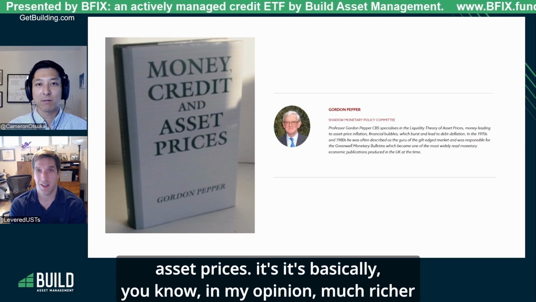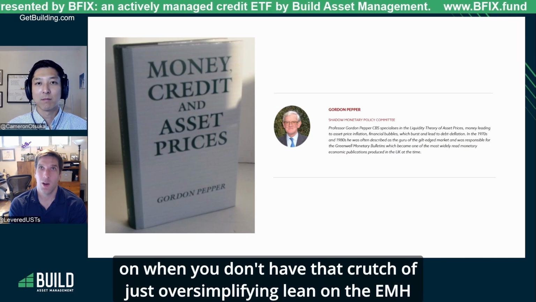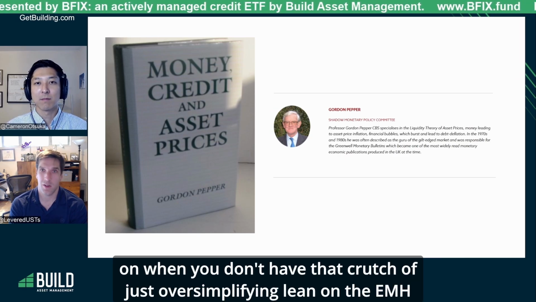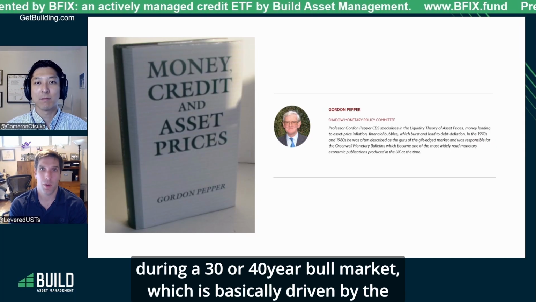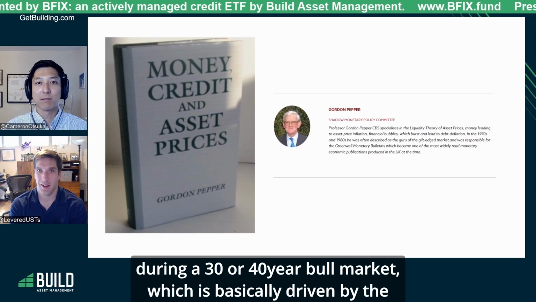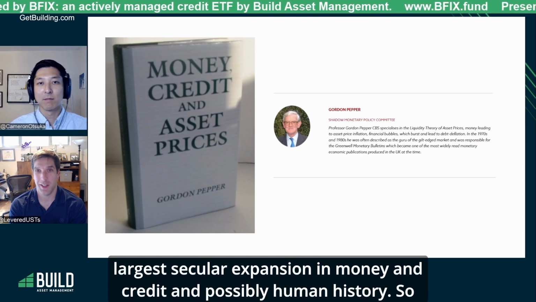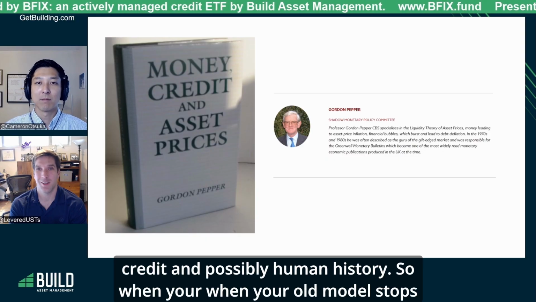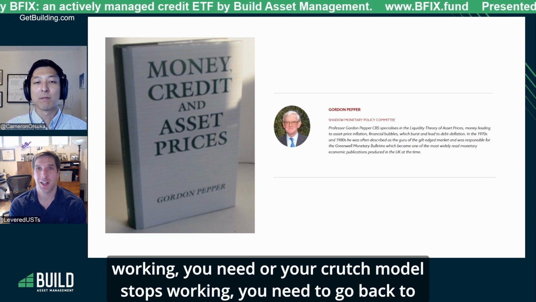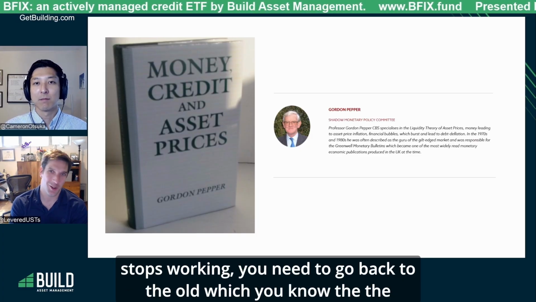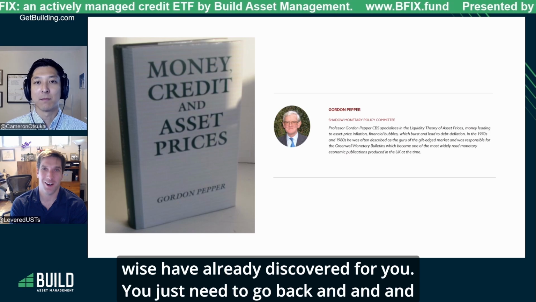It's basically, in my opinion, a much richer framework for understanding what's going on when you don't have that crutch of just oversimplifying, leaning on the EMH during a 30 or 40-year bull market, which is basically driven by the largest secular expansion in money and credit in possibly human history. So when your old model stops working, or your crutch model stops working, you need to go back to the old, which the wise have already discovered for you.